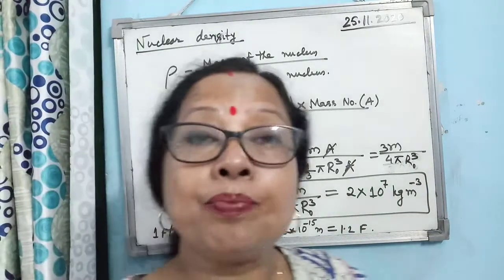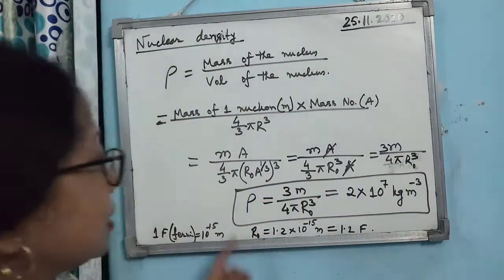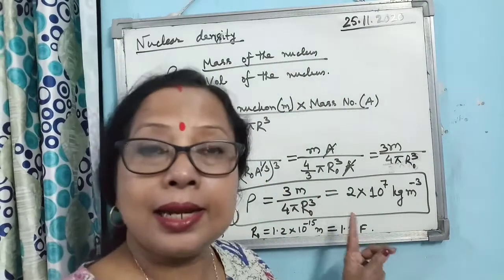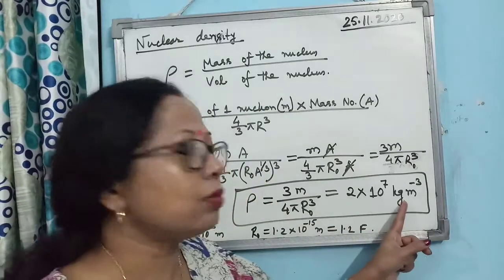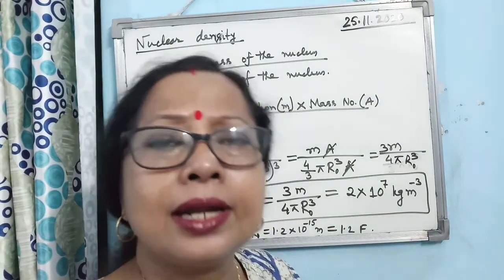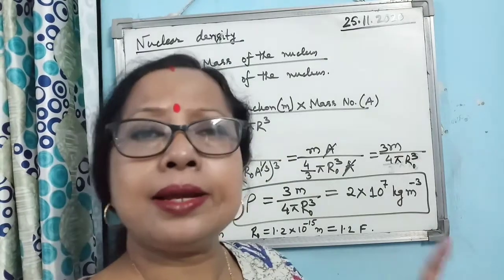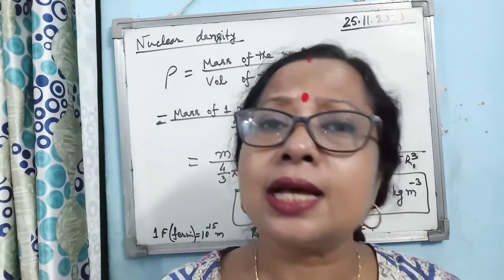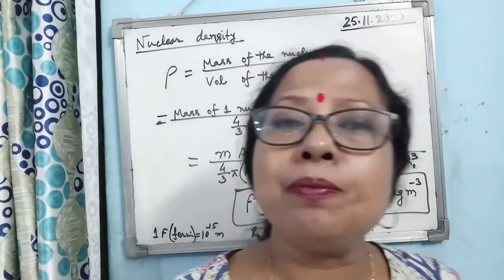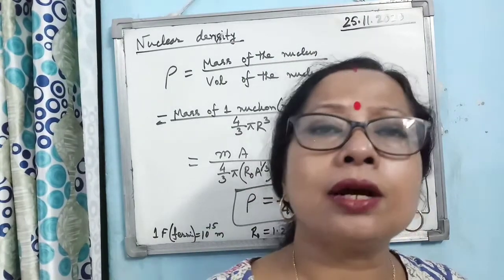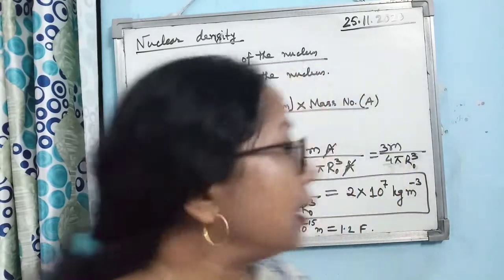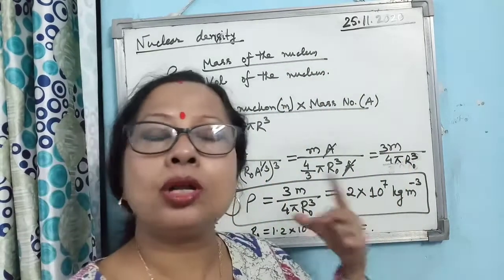So you see the density of the nucleus, the two important points related with the nuclear density you have to remember. The density of the nucleus is same for all kind of nucleus. Maybe a big nucleus, maybe a small nucleus, does not matter. Maybe the nucleus of any material, any element, then the nucleus density is always constant.